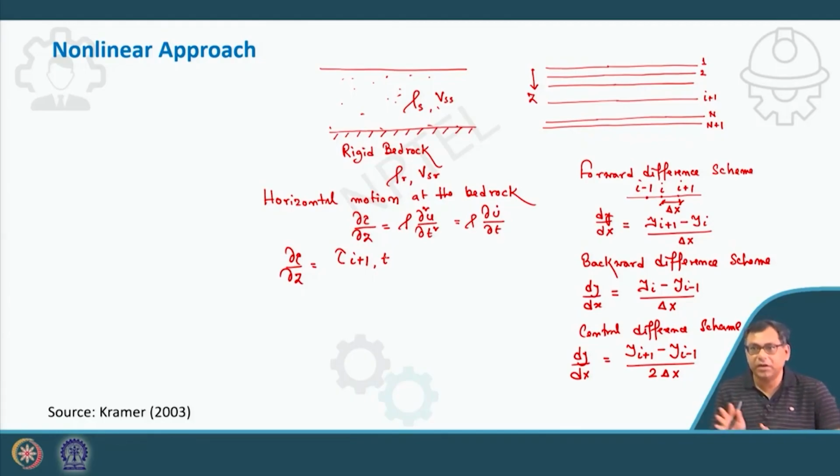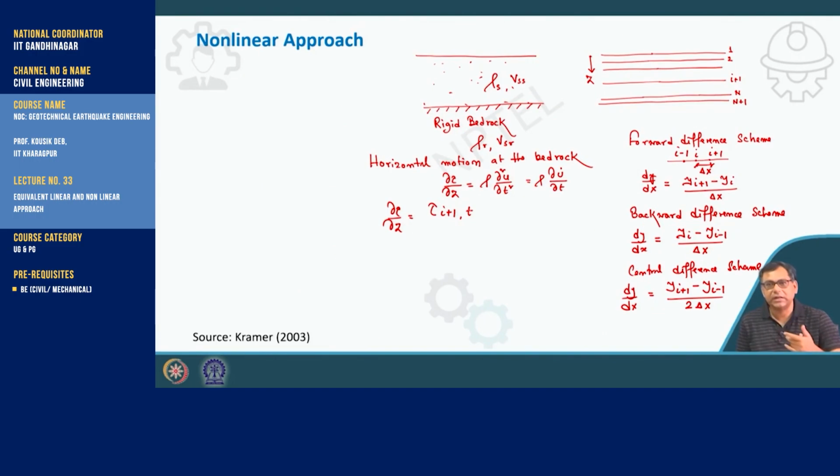If we consider non-linear behavior of the soil, then for one soil sample where G is constant along the depth, G will be only a function of t. If it is a layered soil, then G will be a function of t and z, because G will change with z.